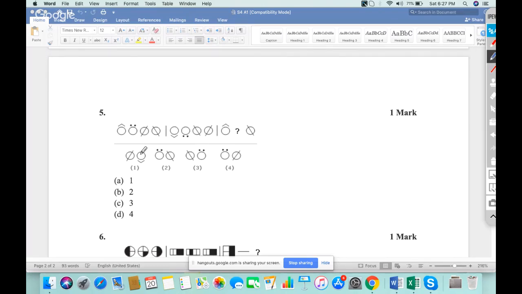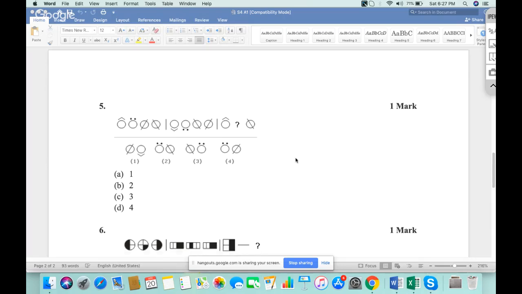And what do I mean by alternating series? Whatever is coming here and here is going down here, and they two are together here, they are separated here. Again, the same thing is going up. So I should have a circle with two dots above, and these two figures should be meeting with each other, so it should be something like this. So which is option D here, and that's why we all are saying that D is the option here. So this was a kind of alternating series over here.